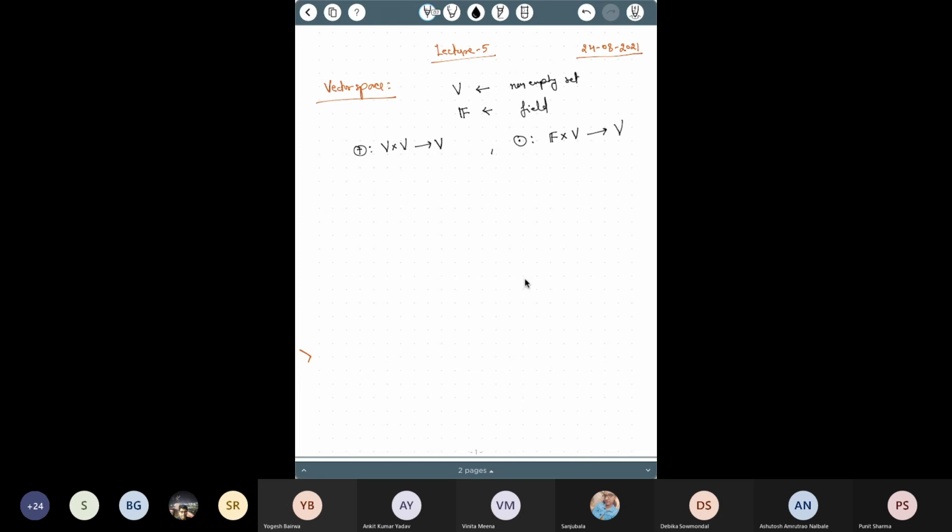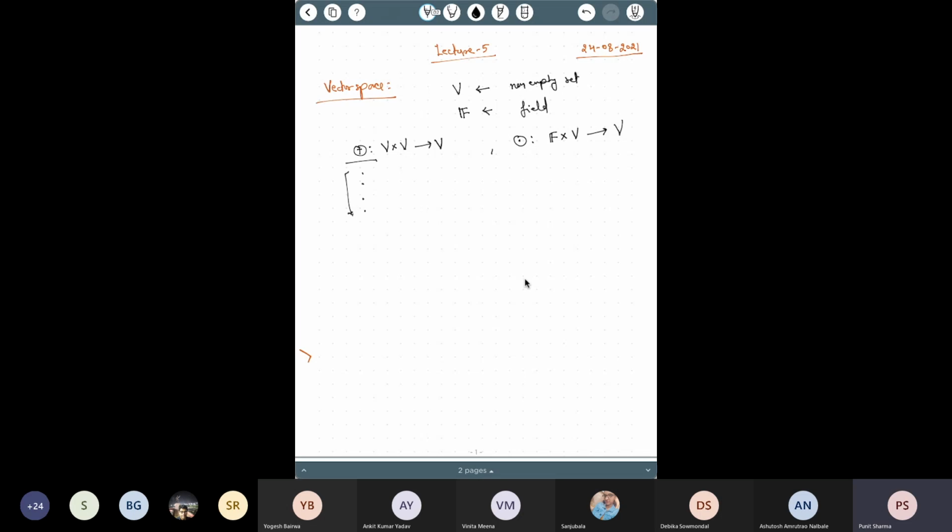Under these operations, V is called a vector space over F if these two operations satisfy certain properties. First, for addition, which is called vector addition, it is commutative, associative, with existence of additive identity and existence of additive inverse. If these four properties are satisfied for addition, and there are other four properties for the scalar multiplication that are also satisfied, then V is called a vector space under these two operations.